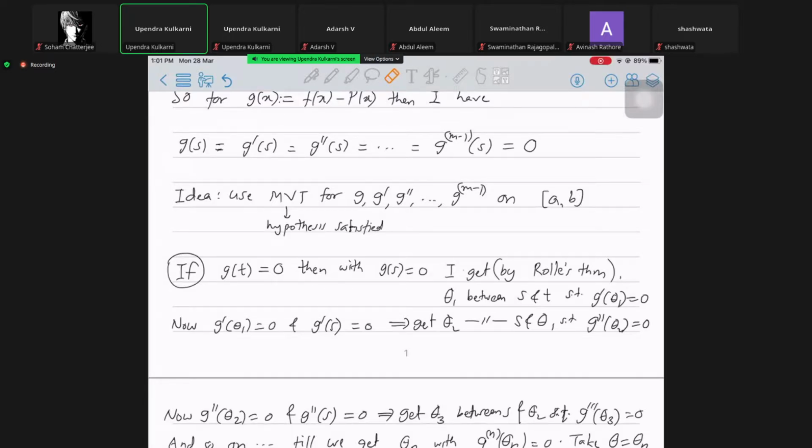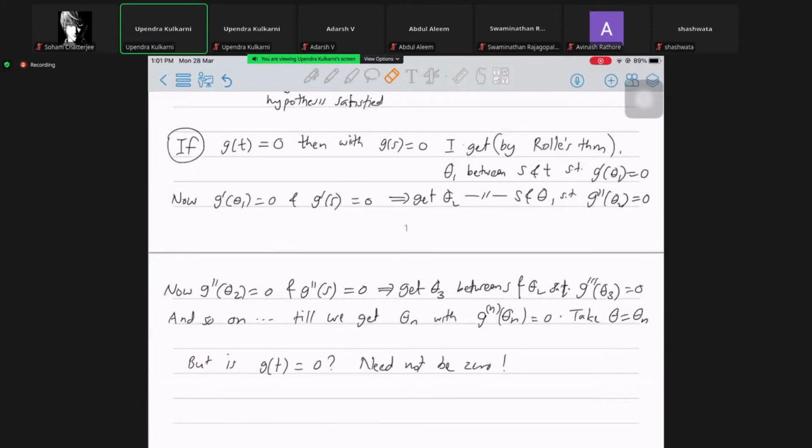So here is the idea. Adjust G of x. Remember, G of t is a constant.